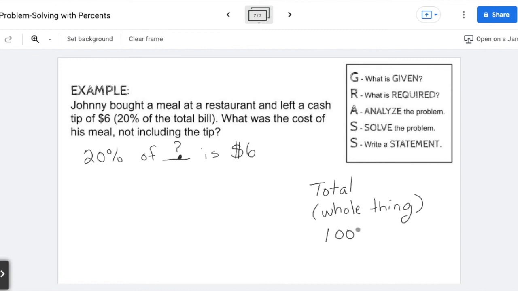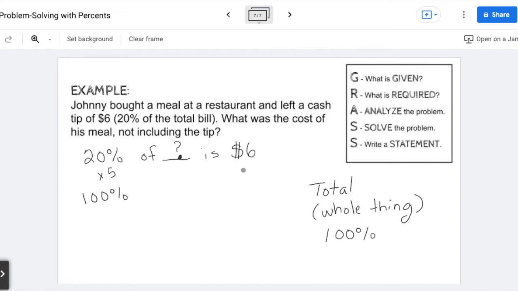Of course, that's 100%. So if we go back over here, we can think, okay, we know 20% is $6. And I know that 20 times 5 is 100%.